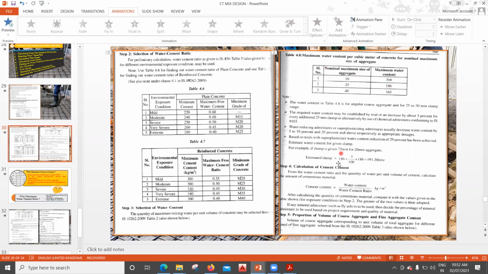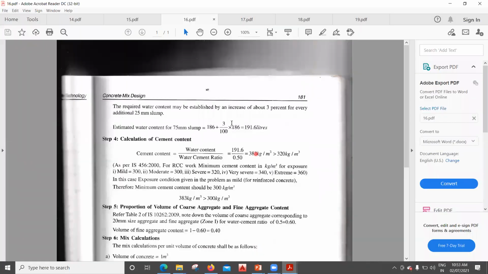In the question, the slump given is 75 mm. From 50 to 75 there is an increase of 25, and for every 25 mm increase you have to add a correction factor of 3%. So 186 from the table plus 3% of that: 3 divided by 100 into 186 comes out to be 191.6 liters.